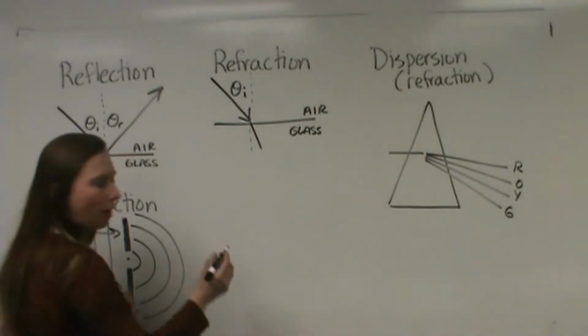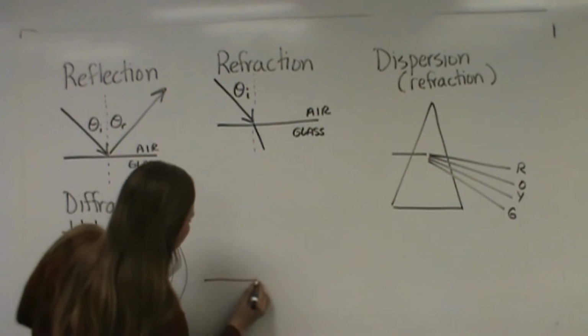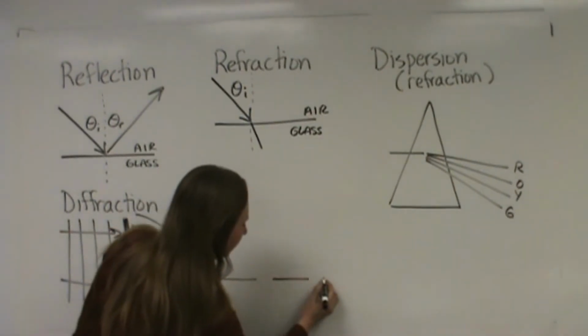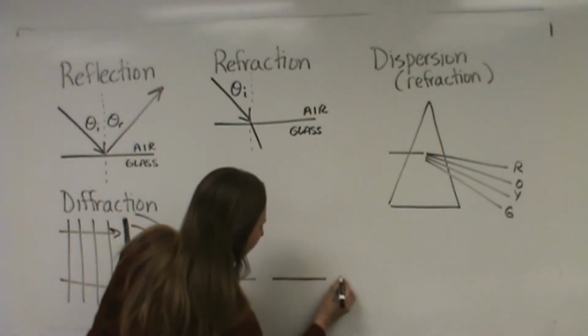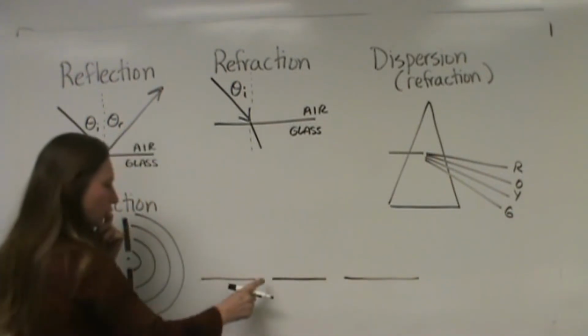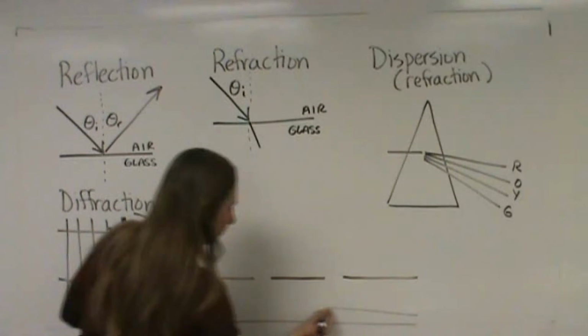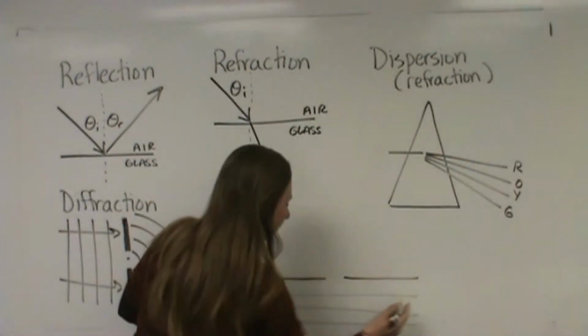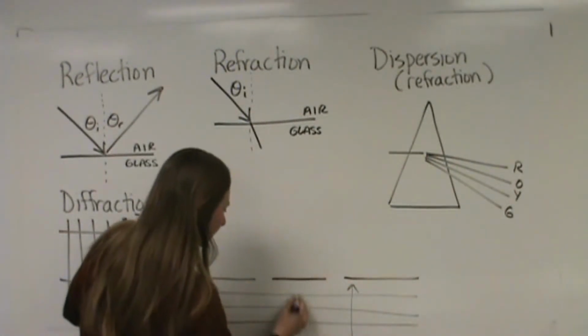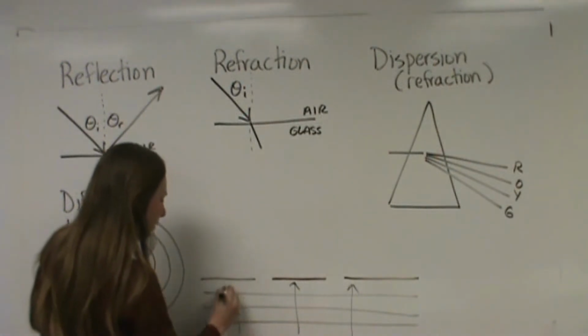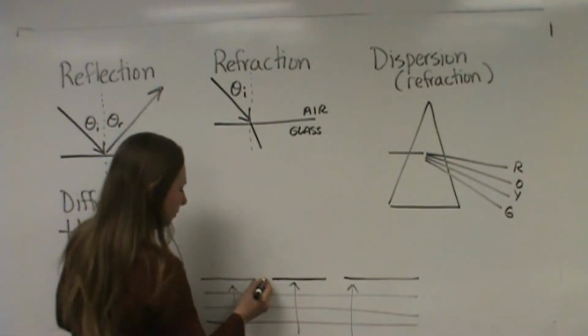So here's one slit. And here's another slit. Two slits. Here come the waves. They're going this way. Remember, these are wave fronts going this way. So they're going to squeeze through here, and they're going to squeeze through here.